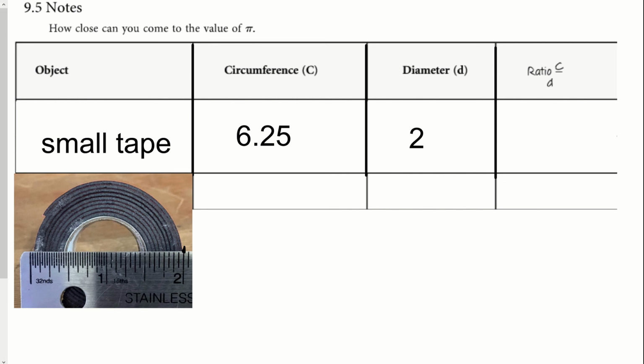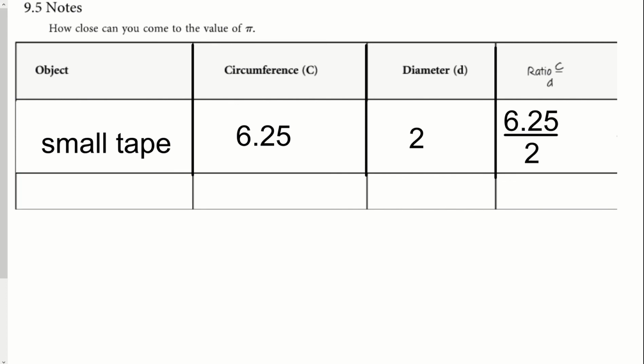Then we set up our ratio, the circumference divided by the diameter. What you can do at home is put that number into your calculator just to make sure that it is working properly. Put it in the calculator and you'd get approximately 3.125.